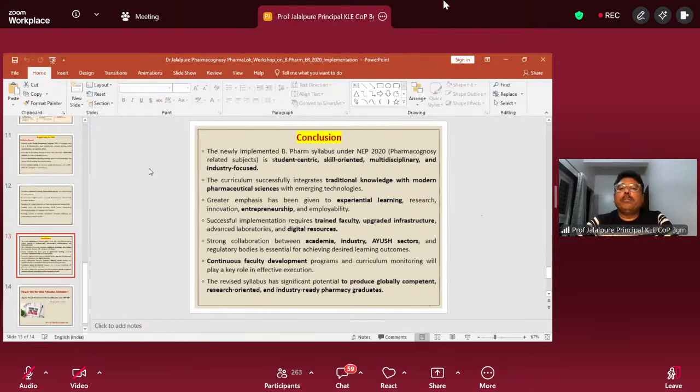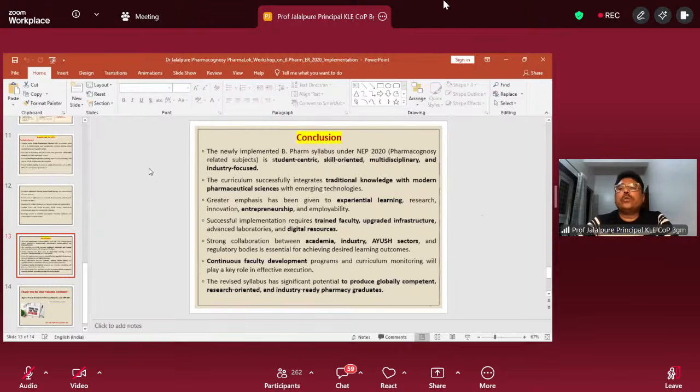The successful implementation of this new syllabus requires trained faculty, upgraded infrastructure, advanced laboratories, and digital resources should be available in the institute. Strong collaboration between academia, industry, Ayush sectors, and regulatory bodies is essential for achieving desired learning outcomes.